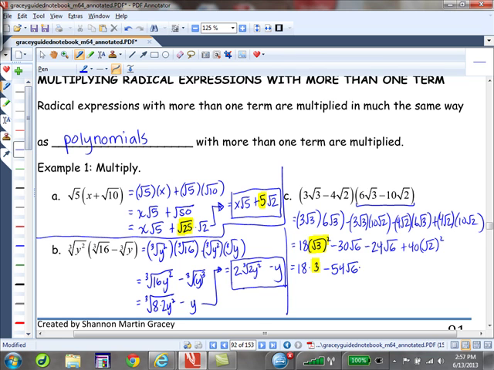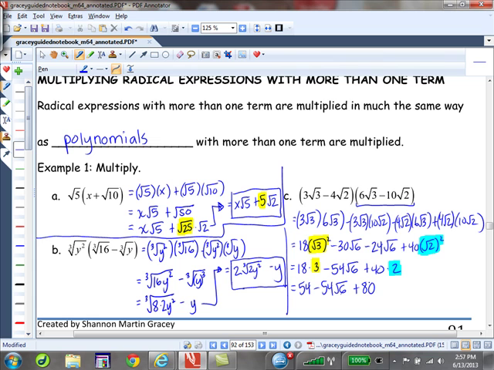And similarly, we'll have 40 times 2 because root 2 squared is 2. All right, 18 times 3 is 54. Minus 54 root 6 plus 80.